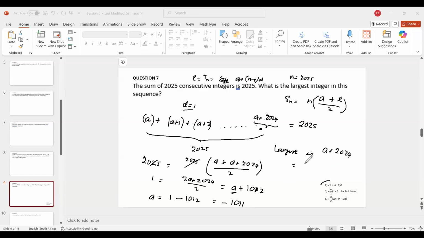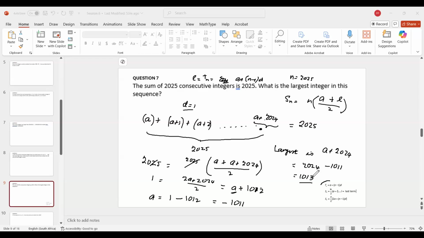So this is equal to 2024, let's put that in front, minus 1011. And that is 1013. So the answer to the question is 1013.